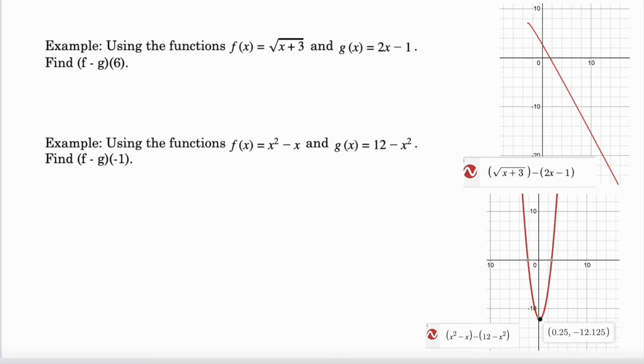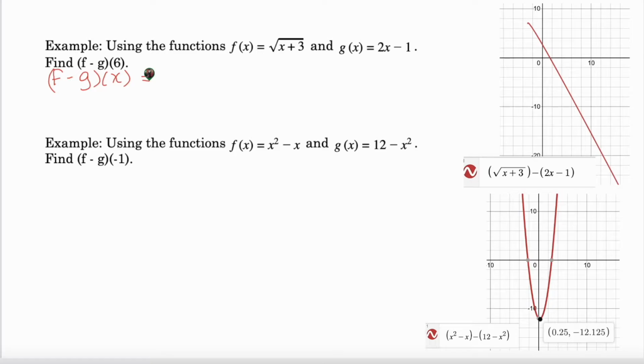This next example we are going to take the same functions that we had on the previous slide, and we're going to subtract them and evaluate at 6. So we can do a couple of these steps together. I want to take my functions and subtract them first, and then we'll evaluate at 6.